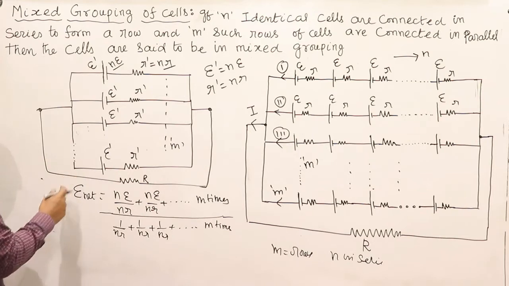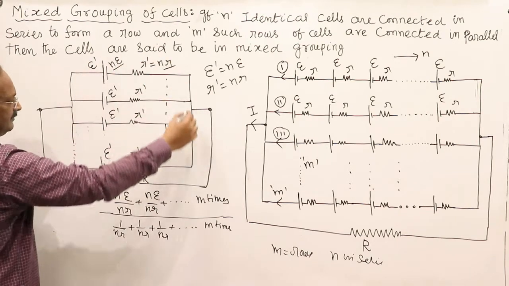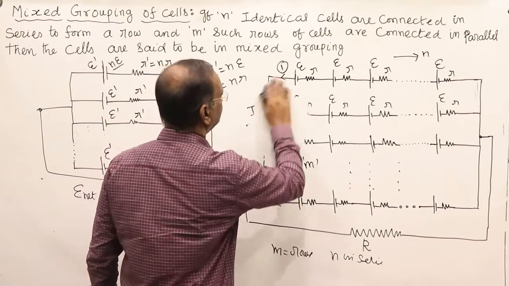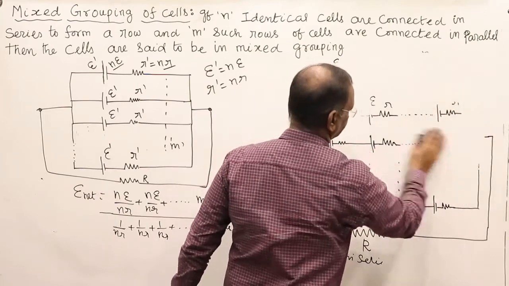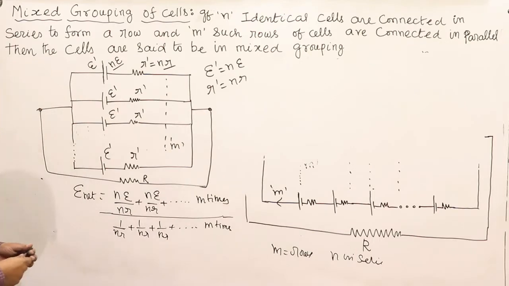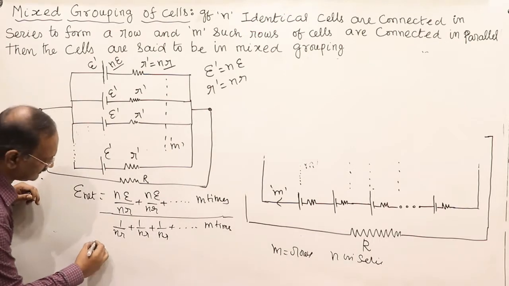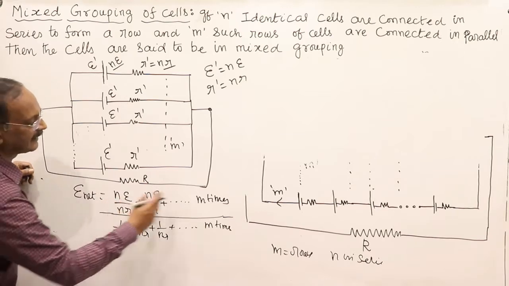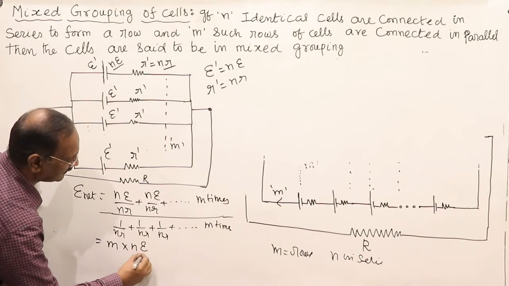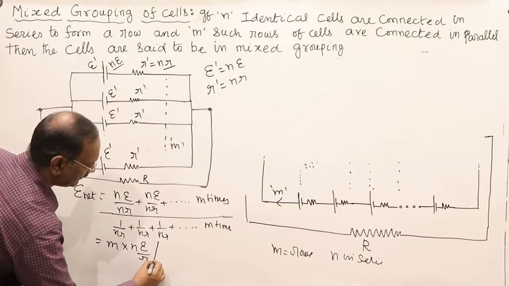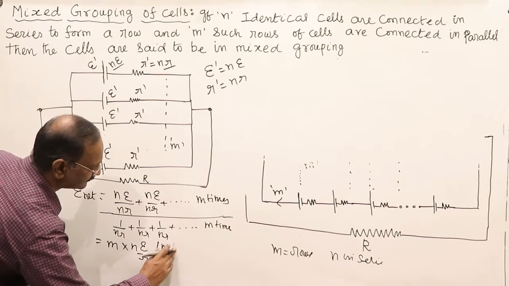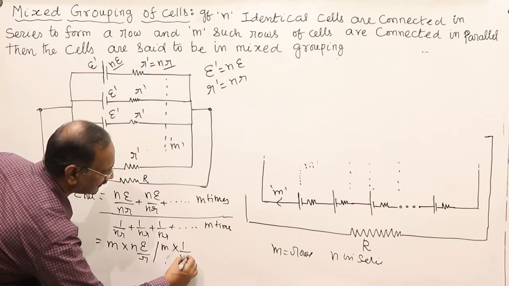So we have simplified this circuit, and we can now write the net EMF of the circuit. Net EMF is equal to m times nE by nr, divided by m times 1 by nr.